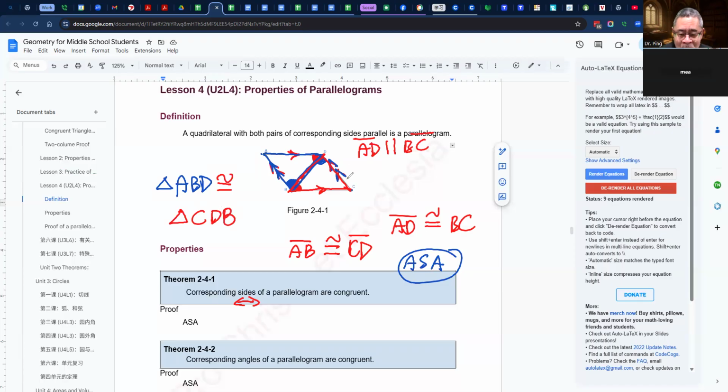And because the two triangles are congruent, remember we have this called CPCTC. That means corresponding parts of congruent triangles are congruent.